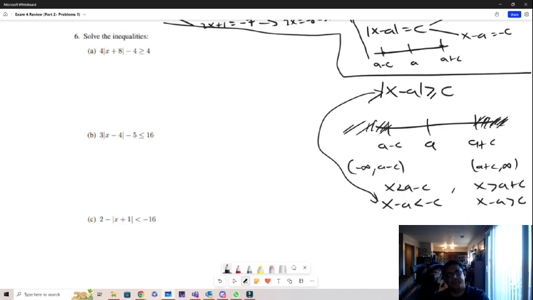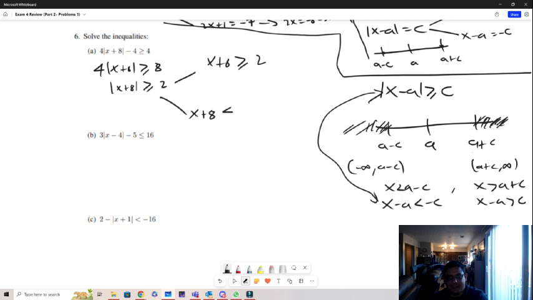Okay? So using that here, first we isolate the absolute value: 2 times absolute value of x plus 8 is bigger than 8. Then we divide by 2, and we get absolute value of x plus 8 bigger than 4... bigger than 2. At this point, we get either x plus 8 is going to be bigger than 2, or x plus 8 is going to be less than minus 2.